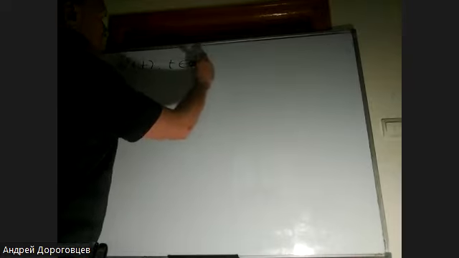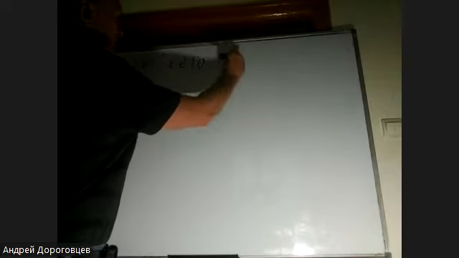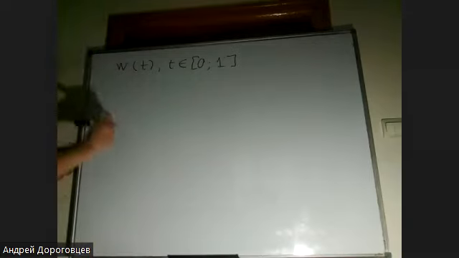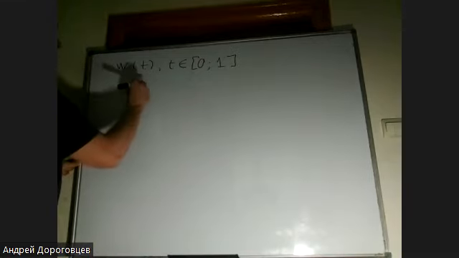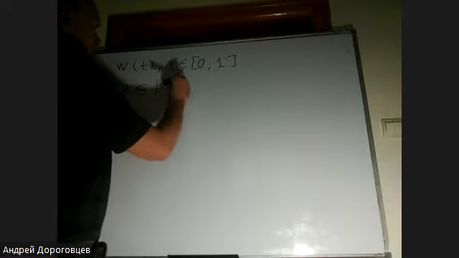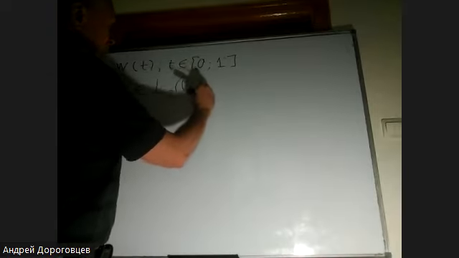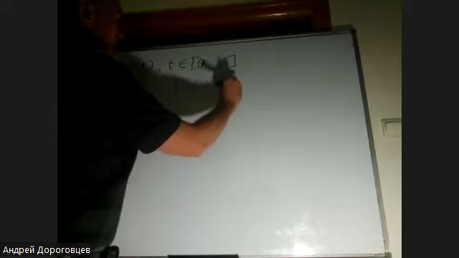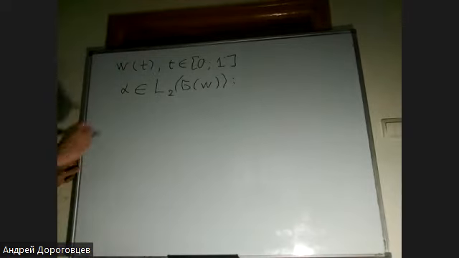So, if we have a standard Wiener process, for example, on the interval [0, 1], then any alpha which is square integrable and measurable with respect to W has an expansion.